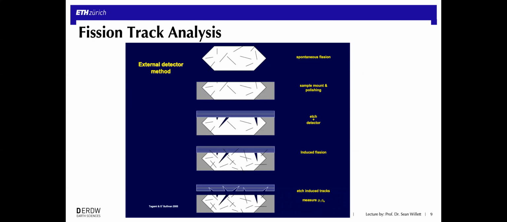So the way in which these are measured is by etching with acid. By etching a crystal with a little bit of hydrofluoric acid, that will preferentially erode out or dissolve the parts of the crystal that are along these damage tracks. So to count accurately the number of damage zones within the crystal, we undergo a little process, something like this. We have an apatite or zircon grain with these damage zones in them.